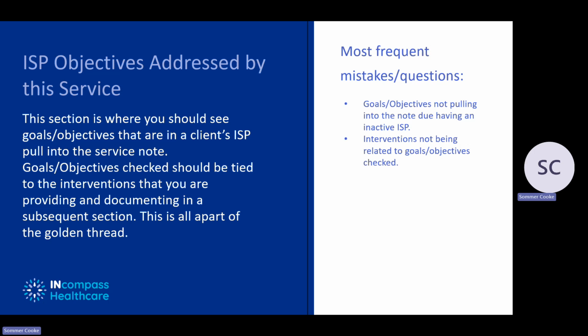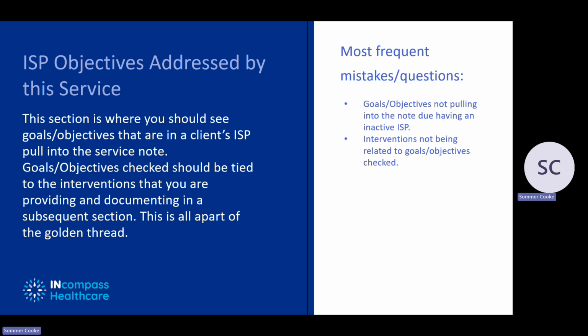The next section is the objectives and goals that are addressed from the ISP in this service note. This is the section where you should see the goals and objectives that are on a client's current ISP pull into the service note. You should check goals and objectives that are tied to the interventions that you are providing and document that in the subsequent section.